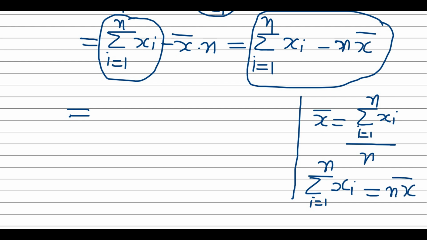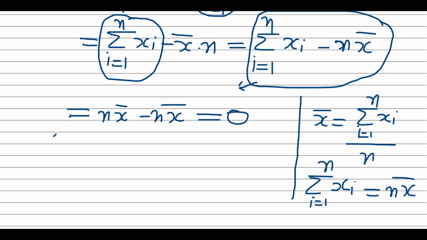So from this result you can write the first expression as n x bar, and the second term is already n x bar, and that would be equal to 0.